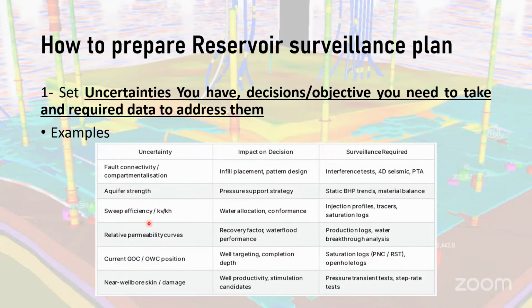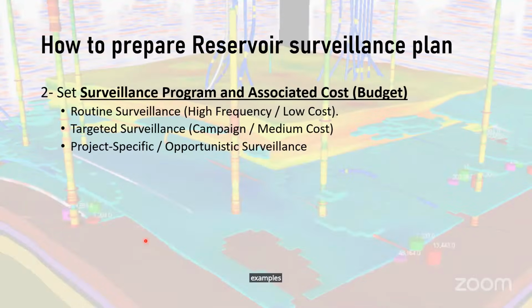In that case, you can apply a tracer injection, okay, to know which production wells are affected by certain injections. Maybe you also want to run some PLT in the production and injection wells to see which zone is most affected by this water injection, and so on. Those are different examples of the uncertainty that we want to identify or secure based on the reservoir surveillance.